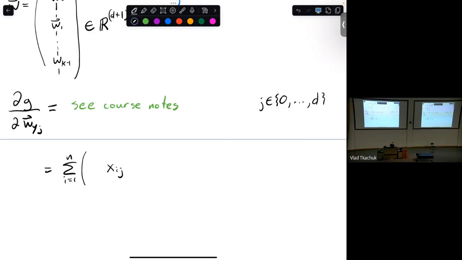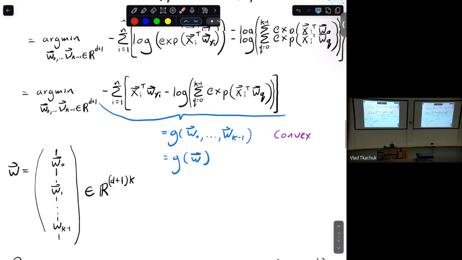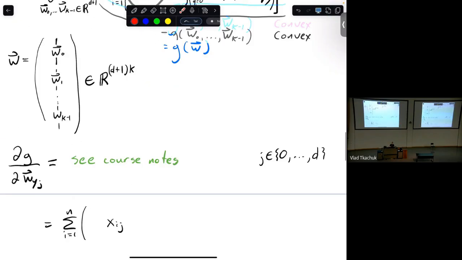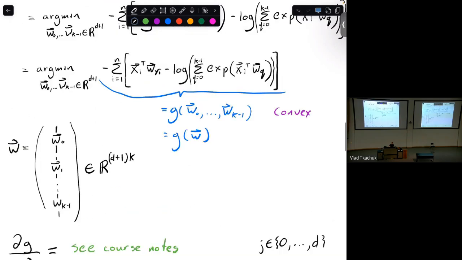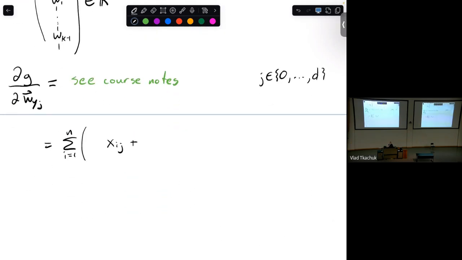Okay, great. So remember we saw this x_ij thing before for this type of function's derivative. There's going to be something in front of it in a moment that I'll write. And then the other quantity we saw is that it ends up looking something like this.